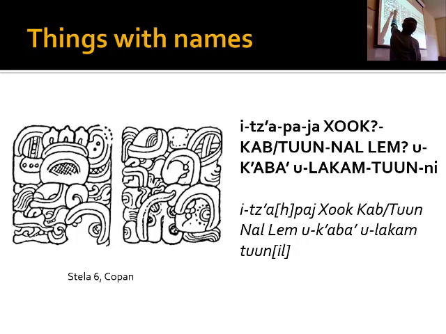Here the celt is replaced by a regular U sign, the conflation. U kaba, u lakam tun ni. So shark, stone, or earth, place, celt. It is the name of his stela, big rock, Lakam Tun.